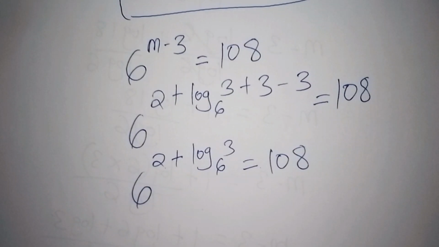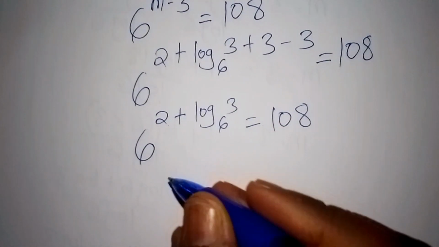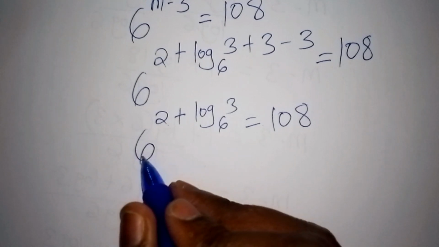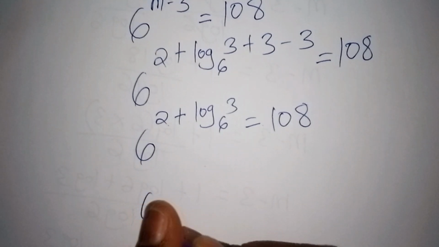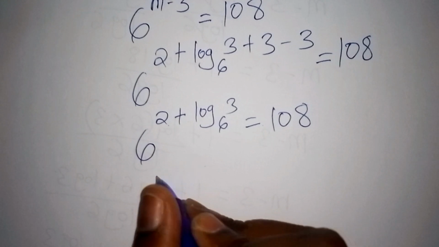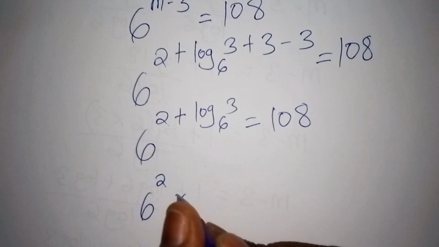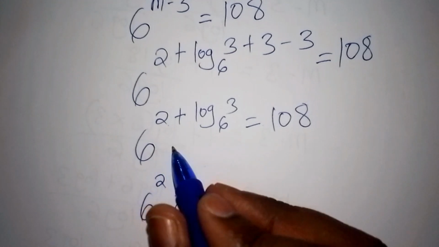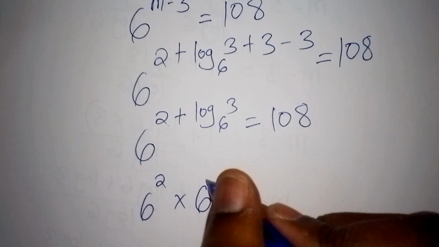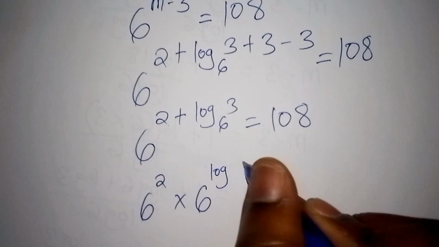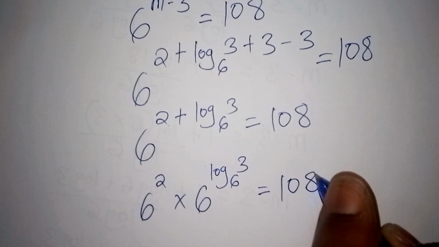We all know that if we have something like 6 to the power of 2, plus, we write 6 to the power of 2, then the plus shall change to multiplication. Then again we shall have 6 to the power of the log of 3 to the base of 6, which shall give us 108.